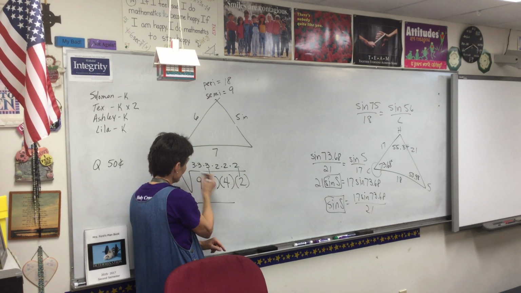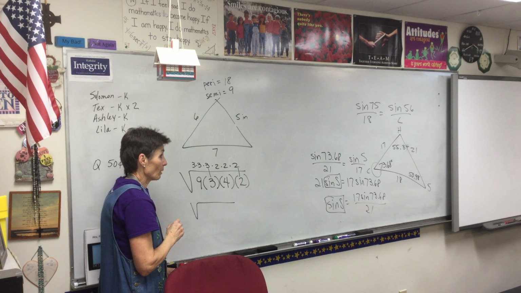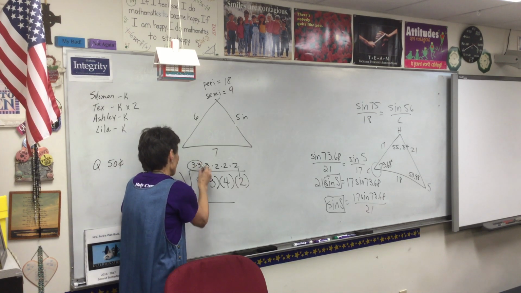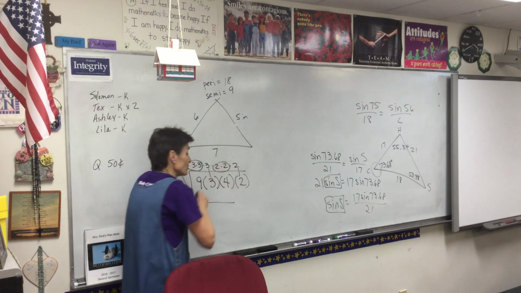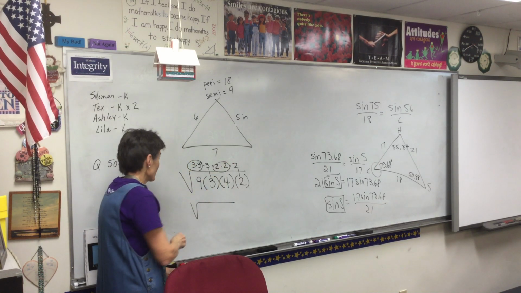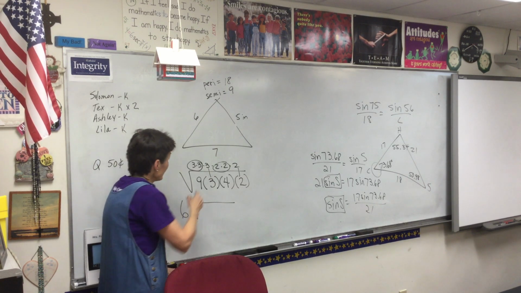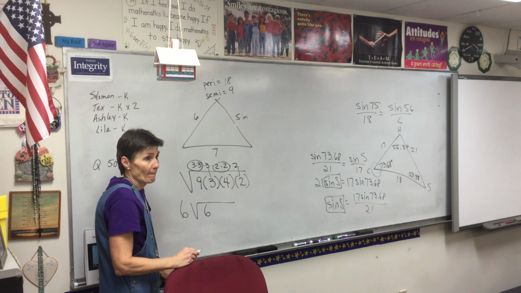So my 9 got broken down, my 4 got broken down, the 3 and the 2 are there. Right? Now what am I looking for? Groups of 2. So I can bring out a 3, I can bring out a 2, so that's a 6 on the outside, 3 times 2. And inside is the leftover 3 times 2.